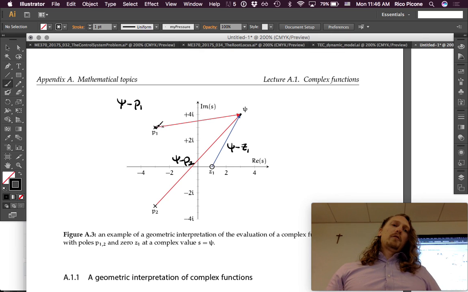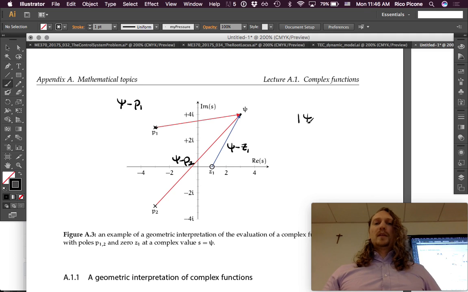The p1 is going to have this vector representation, and the magnitude of it is going to be the length of the vector, okay? We take the product of the lengths of the pole vectors, and the product of the lengths of the zero vectors, and divide the zero ones by the product of the pole ones. Can't spit that out.